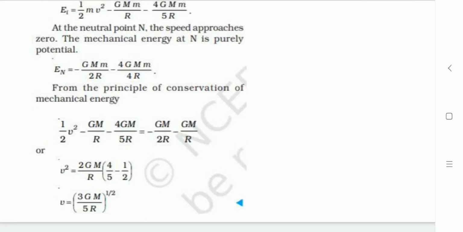This is the equation for the velocity required to reach the neutral point N.